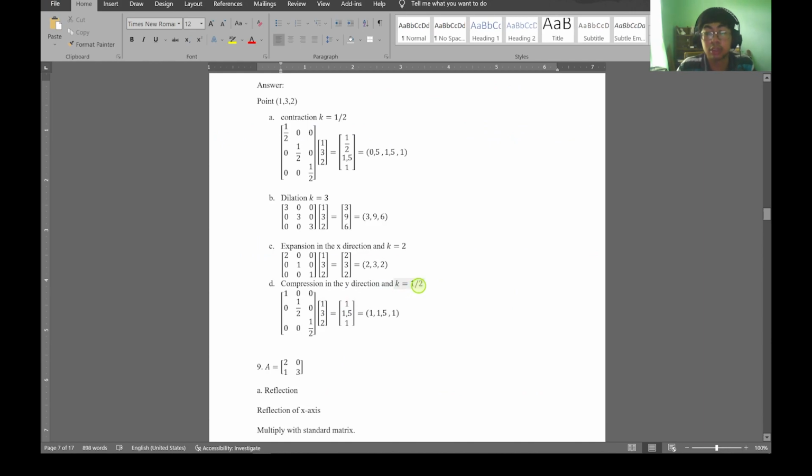So k is a half: 1 0 0, 0 a half 0, and 0 0 1, and then we multiply it. 1 0 0 times 1 we get 1, and 0 a half 0 times 3 we get 1.5, and then 0 0 1 times 2 we get 2, and the answer is the matrix 1, 1.5 and 2.